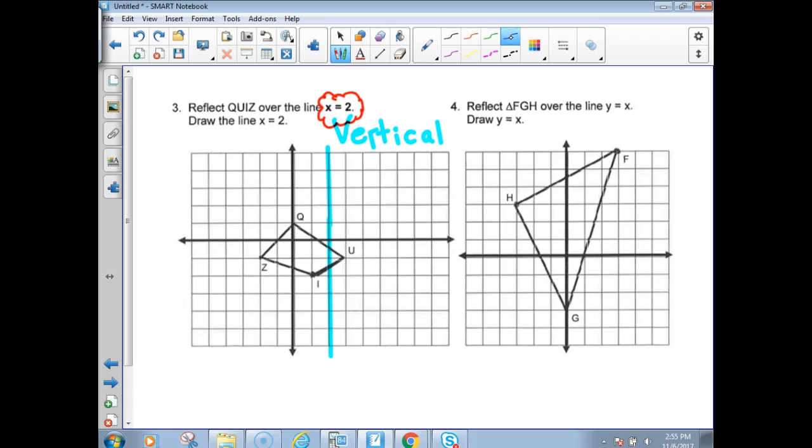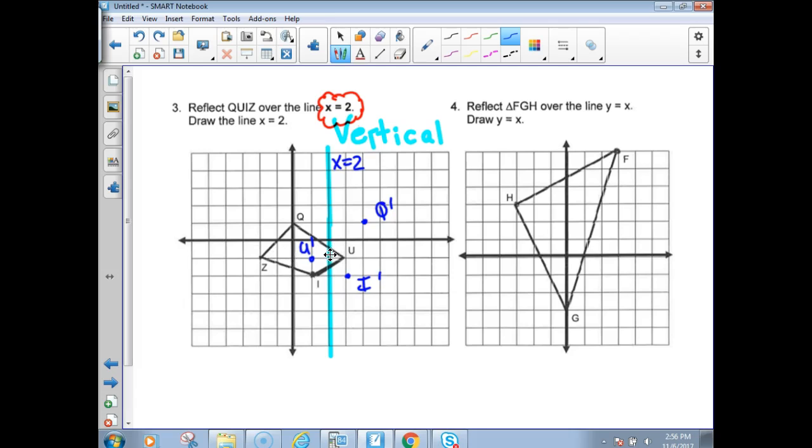And this one's already been labeled quiz. So we're going to reflect Q. It's 2 away from that vertical line x equals 2. So we go 2 to the right of it with Q prime. U is 1 to the right, so we go 1 left. I is 1 to the left, so we go 1 to the right. And Z is 1, 2, 3, 4 to the left.